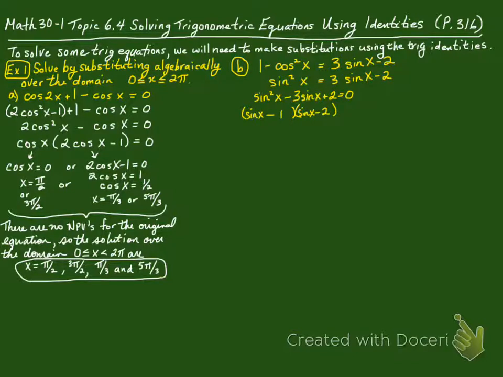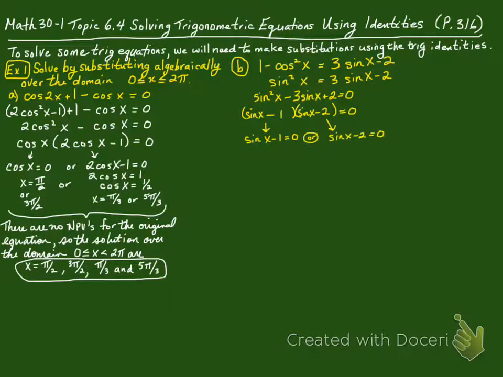We have the sine of x minus 1 times the sine of x minus 2. If you FOILed it quickly, we'd get our original equation back: sine squared, minus 2 sine x, minus another sine of x, and plus 2.